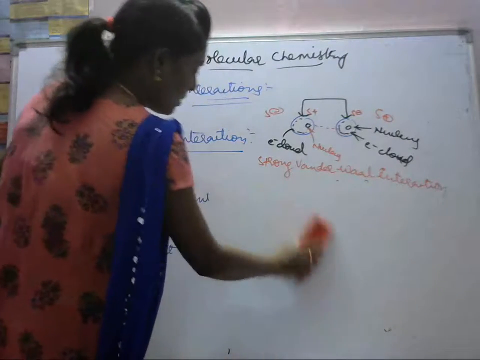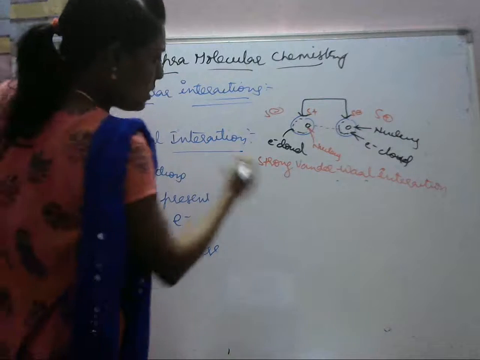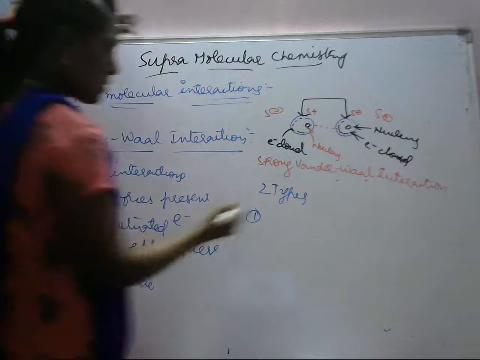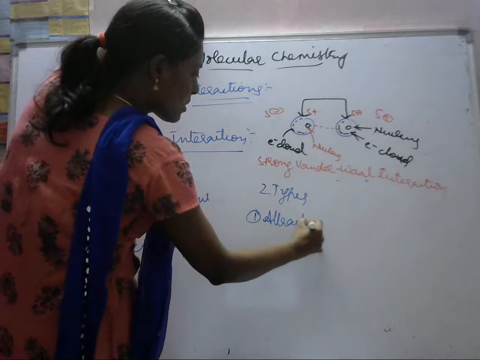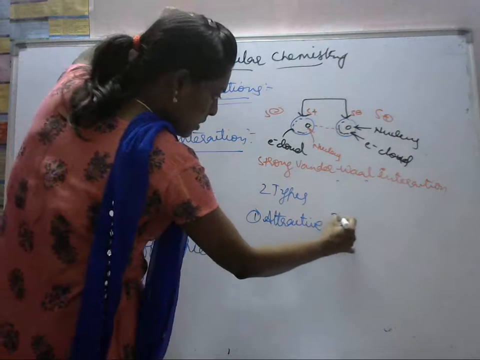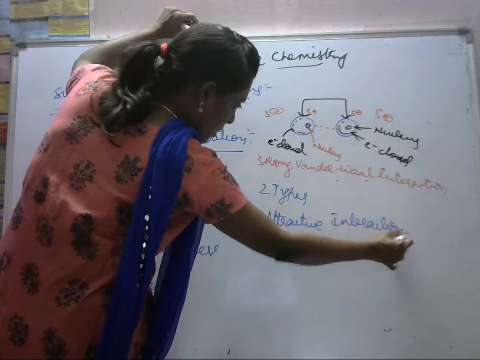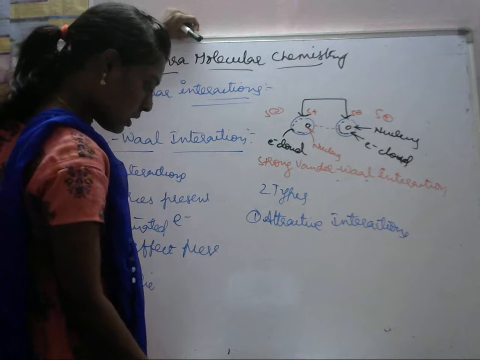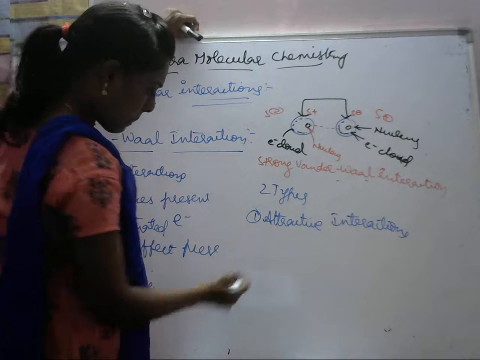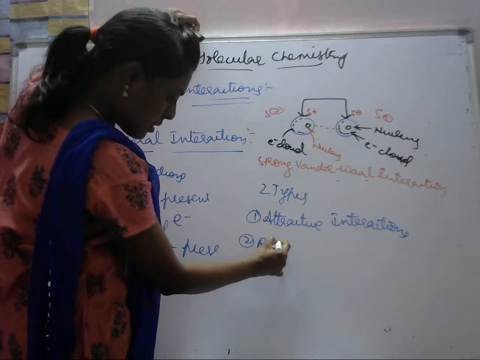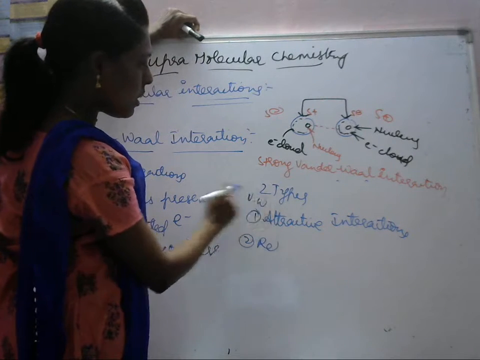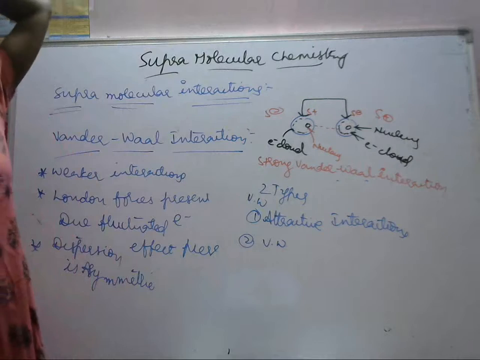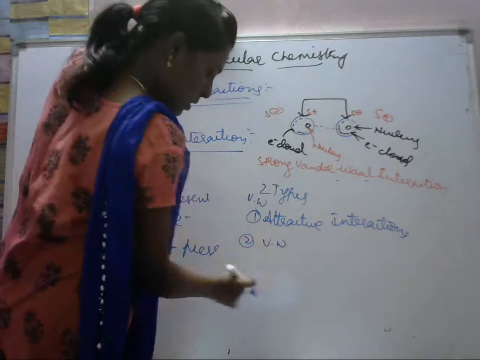Attractive interactions are there, and the second one is repulsion interactions. So van der Waals attractive and van der Waals repulsive interactions.